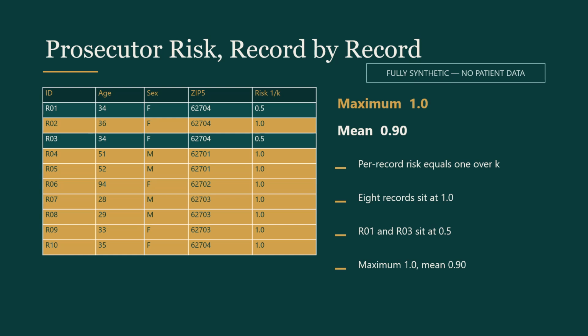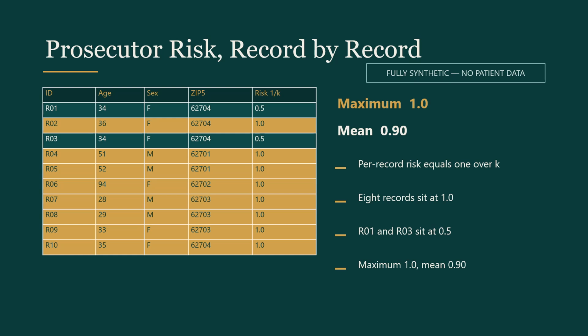Walk the file. R01, a 34-year-old woman in zip code 62704, shares her class with R03, so K equals 2 and her risk is 1/2, 0.5. R02, 36, female, 62704, is alone, K equals 1, risk 1.0.